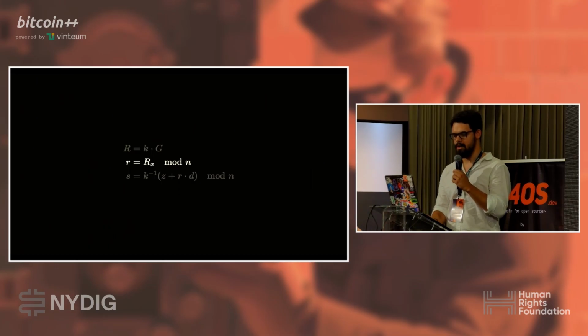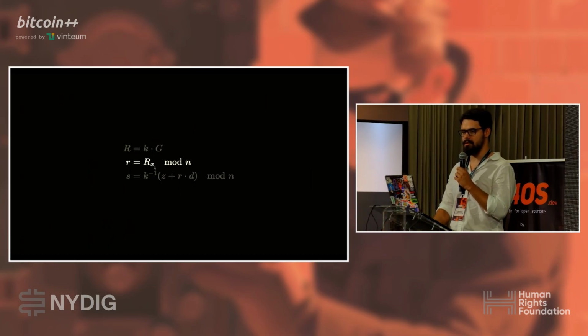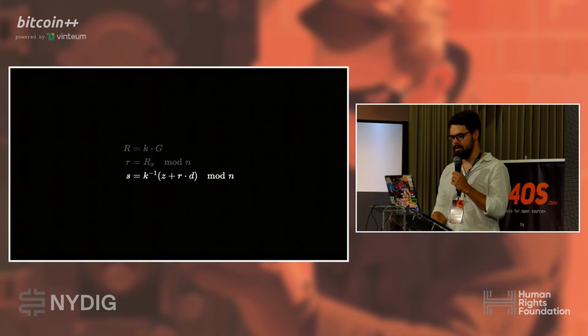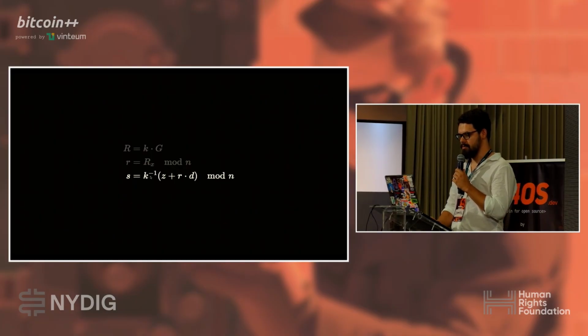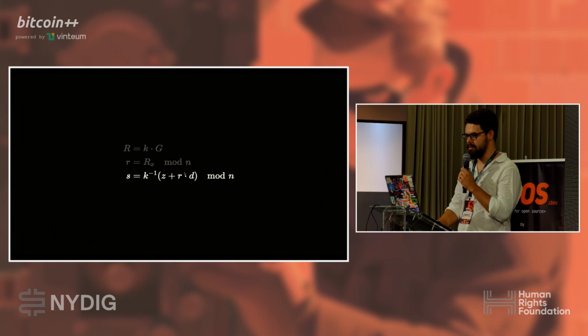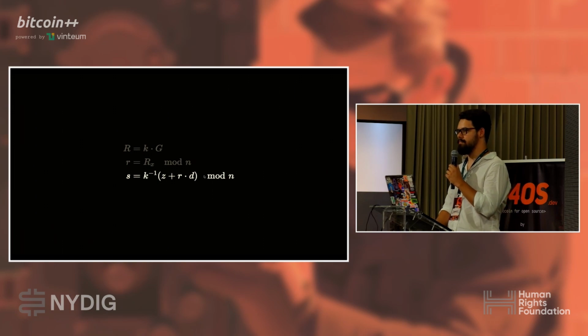And then we get the x coordinate of this point, and we're going to call it little r. Then the signature is the inverse modular of the nonce times your commitment plus r, the x coordinate, times the private key, right? That's the ECDSA formula.